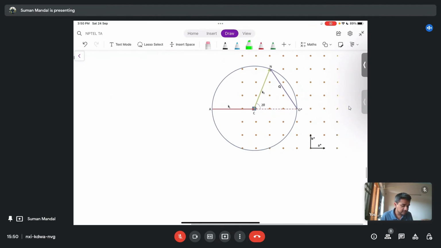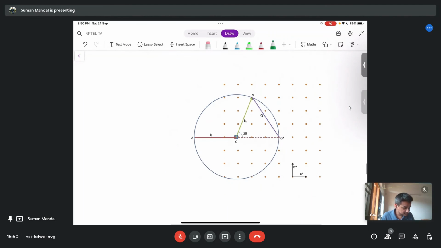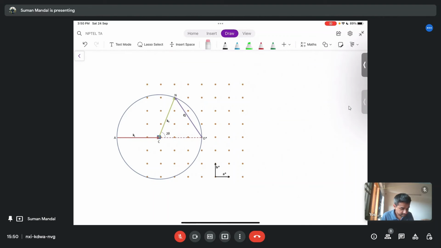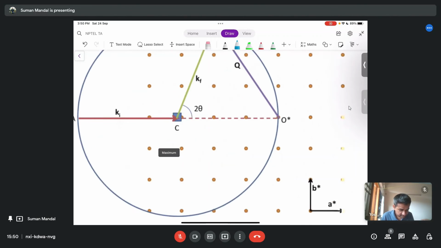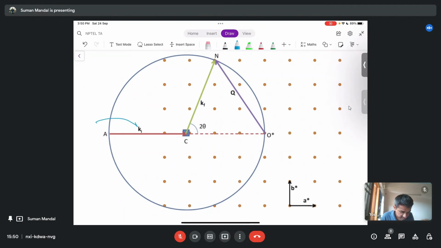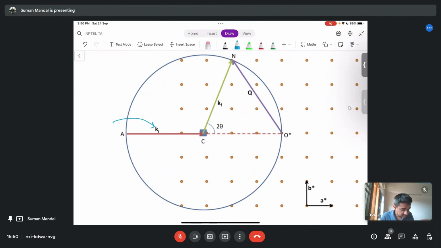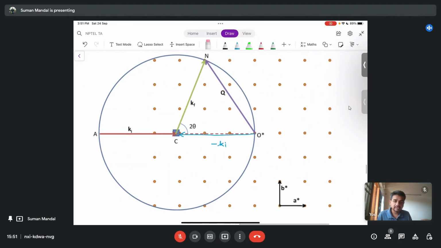So this is what it looks like. We have the incoming and this is the diffracted, and so we can draw again kf minus ki. This is minus ki. So kf minus ki will be this q vector in this image, which should be a reciprocal lattice vector.